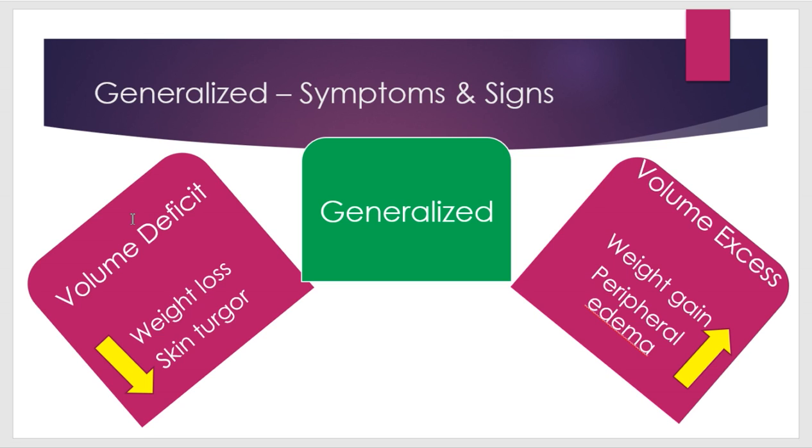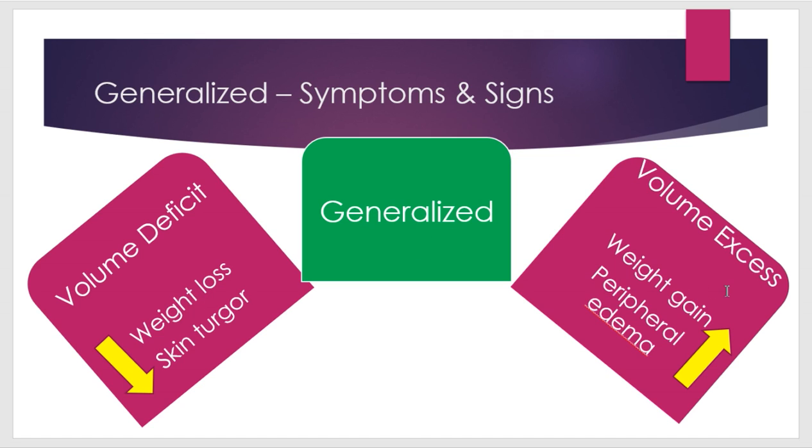Acute loss we can also take here, but usually these symptoms are present whenever there is continuous slow loss. In volume deficit, the patient will present with decreased skin turgor and weight loss. You can remember this by the downward arrow.